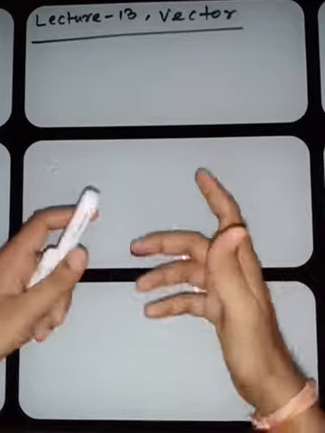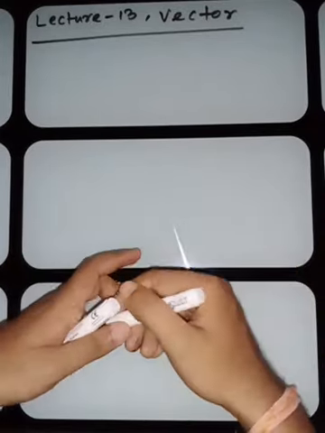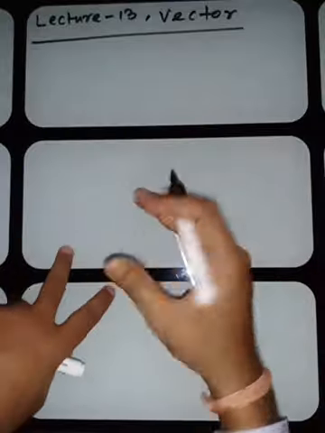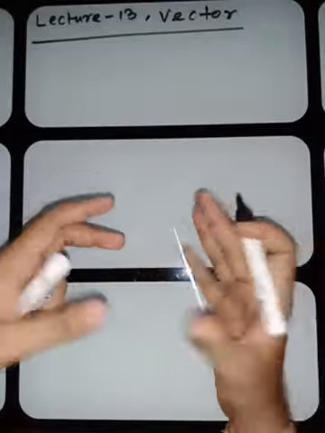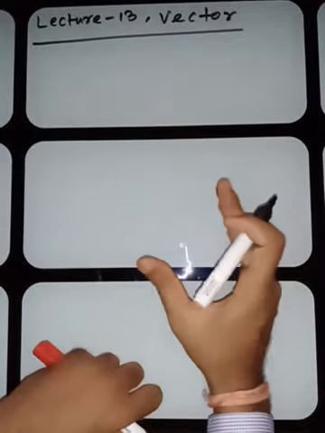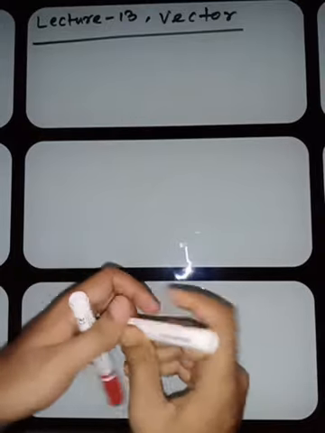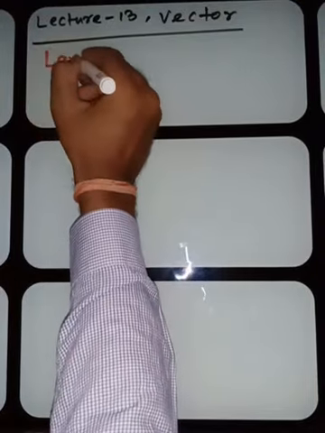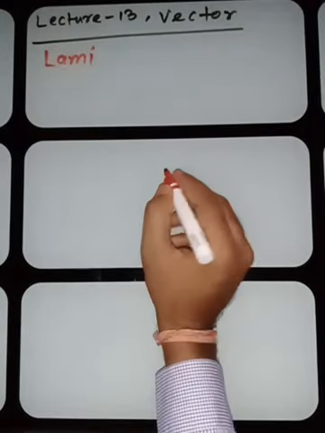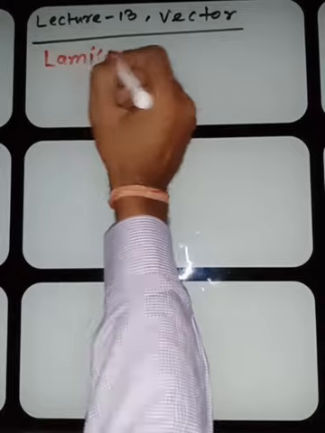Yes, this is happening. Always try to relate with your life. Always try to visualize in your real life if you want to really learn it. Now, Lamy's theorem. The name of the mathematician was Lamy, so this is called Lamy's theorem.